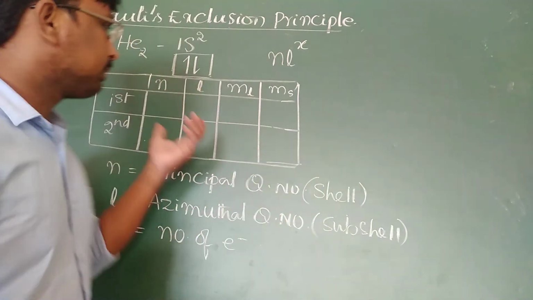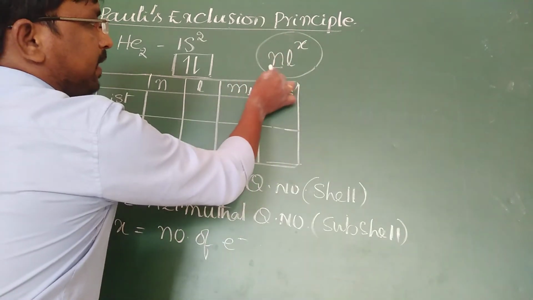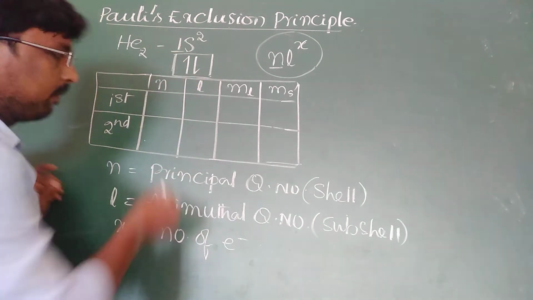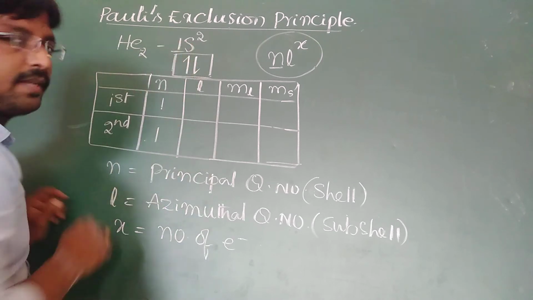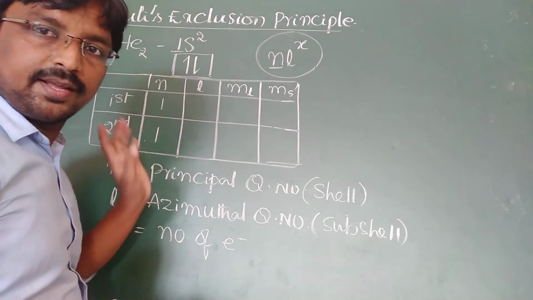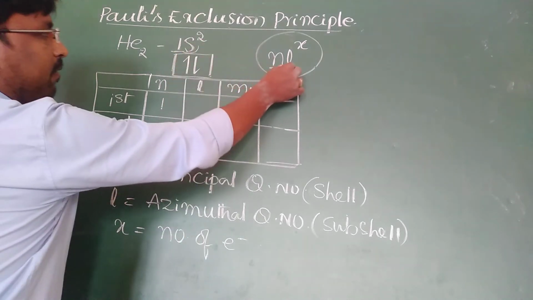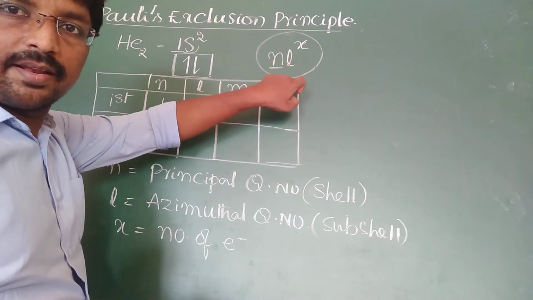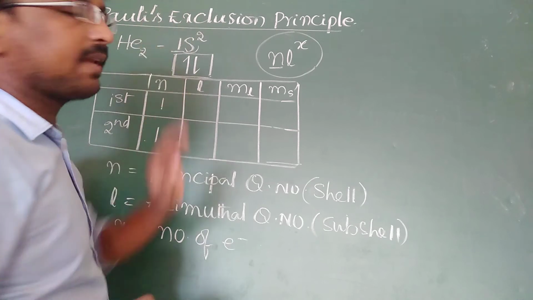By this formula, n means the principal quantum number. What is the n value here? 1. Both electrons are present in the same main shell, so we take n as 1 for both. Then what is l here? The azimuthal quantum number represents the subshell. Which subshell is present here? The s subshell.